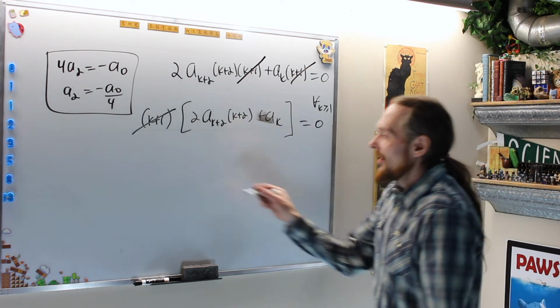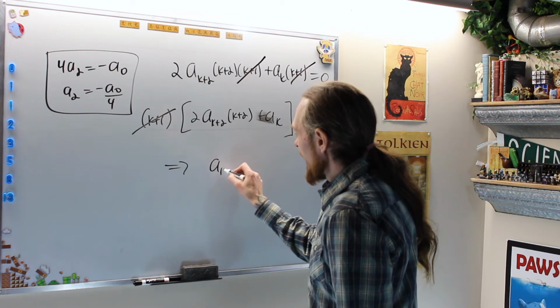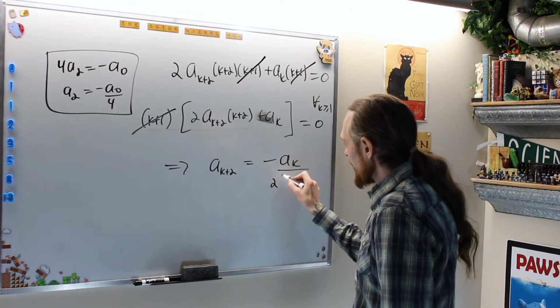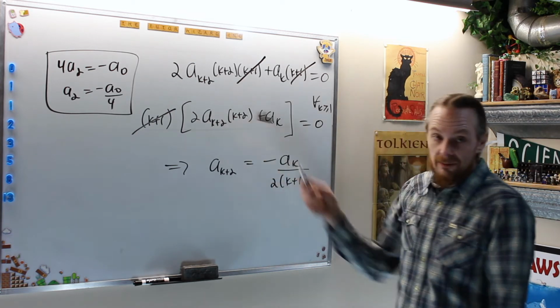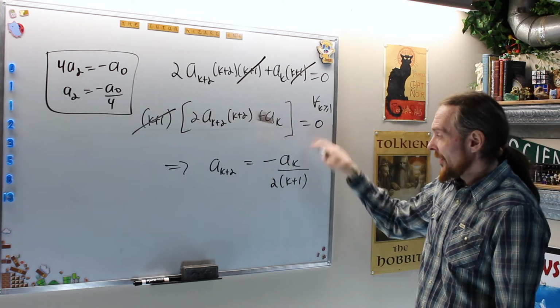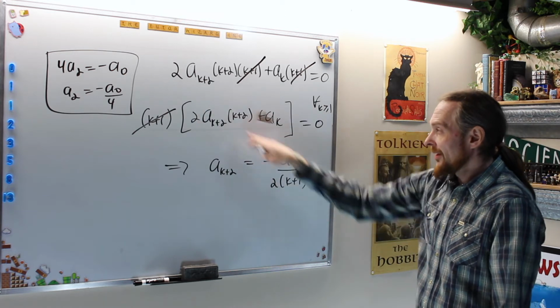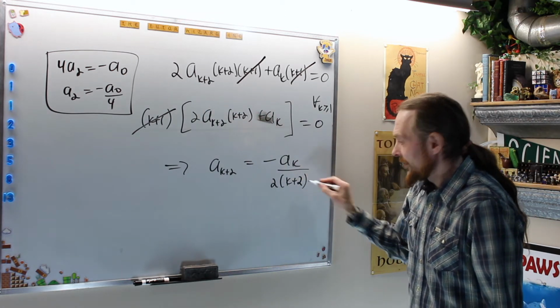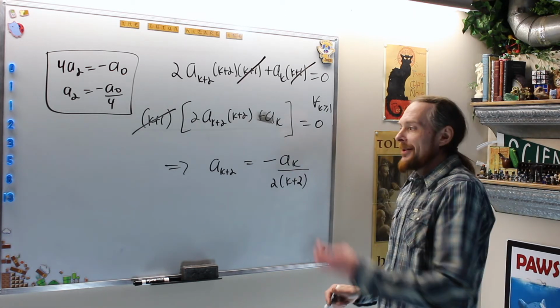Now, this says that ak plus 2 is equal to negative ak over 2k plus 1. I just solve for ak plus 2. So I bring this one over, it becomes negative, and then I divide by 2, and I divide by k plus 2.